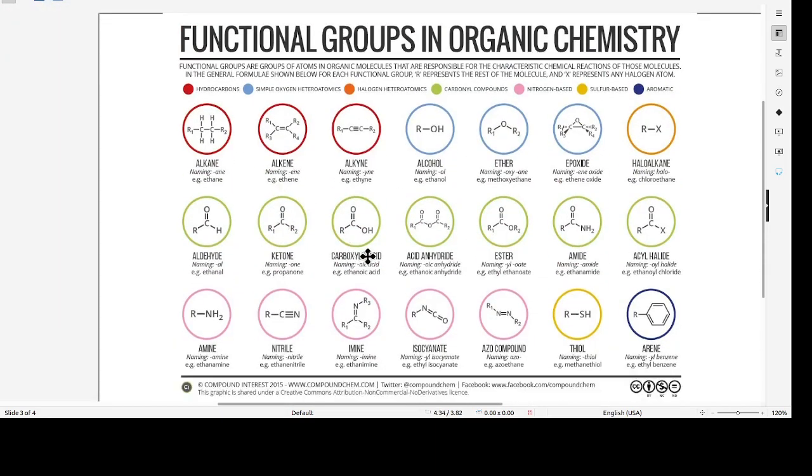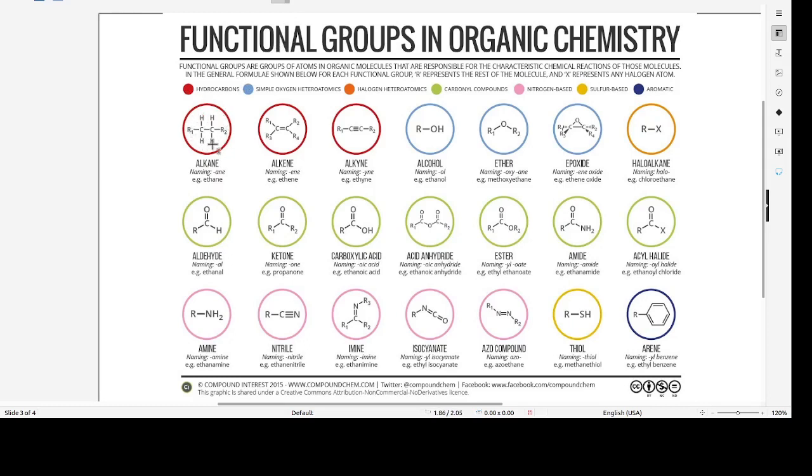And then the last page, functional groups in organic chemistry. You're going to only use about 4 of them. I'm going to put some stars by the ones you need to know.